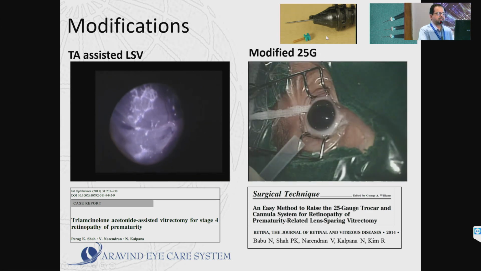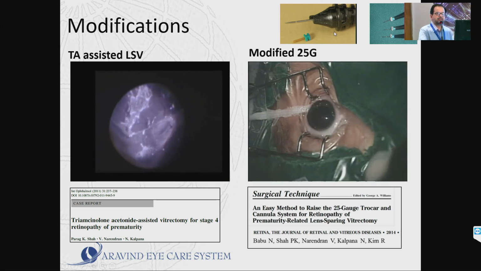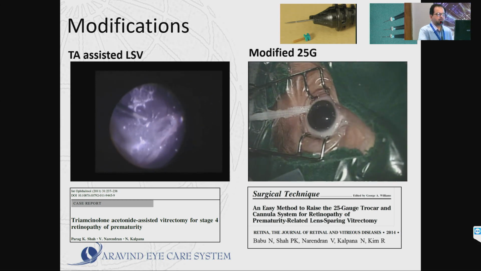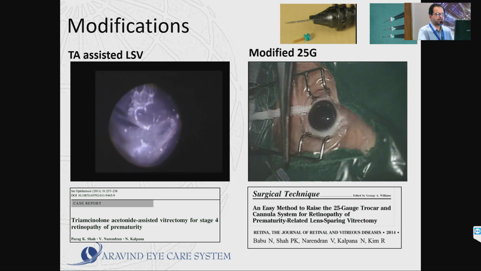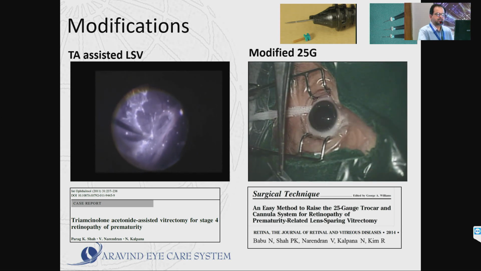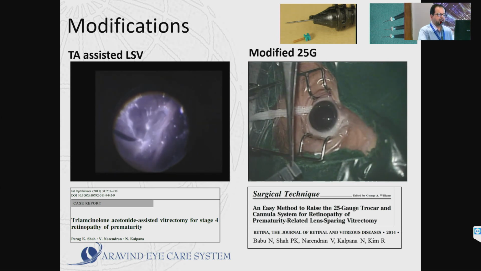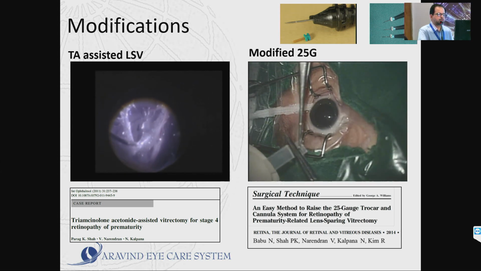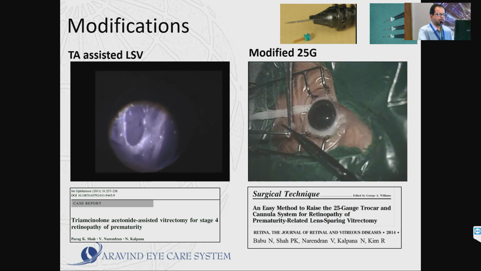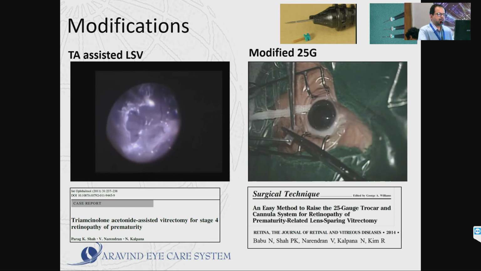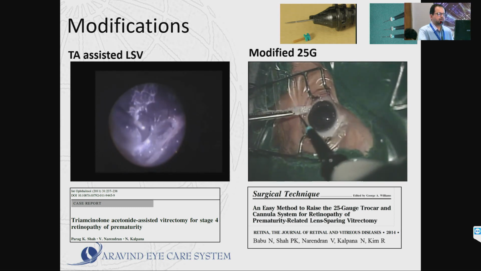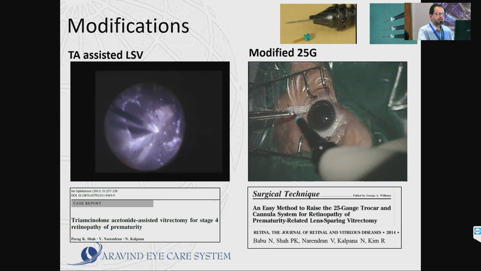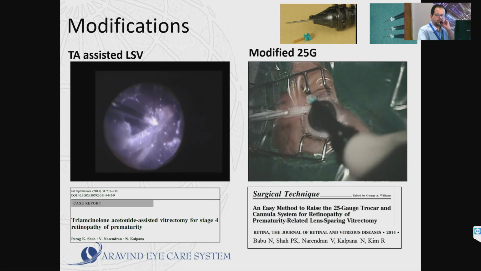Now these trocars and cannulas, what the company gives is for adults, and for pediatric it's very short. So what we do is make a small spacer before inserting the cannulas inside the eye. This is a 42 gauge band, which we cut into small cubes, and we pass the trocar and the cannula through it first for all the three.